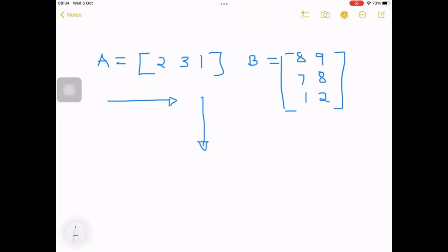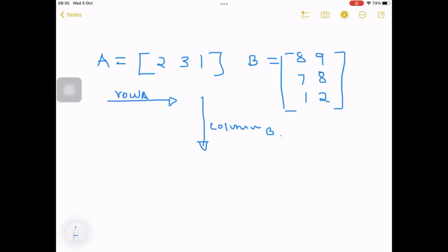So this is the row in the first matrix, which in our case is A, and the column in the second matrix, which in our case is B. So we'll have 2, 3, 1 multiplied by 8, 7, 1, and again 2, 3, 1 multiplied by 9, 8, and 2.